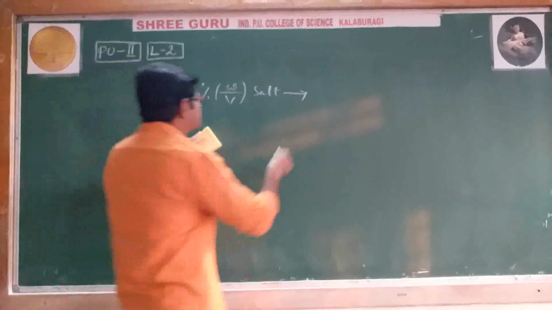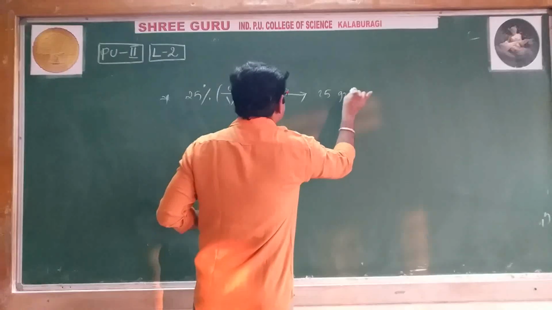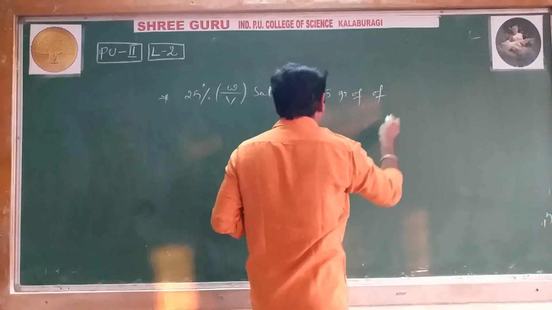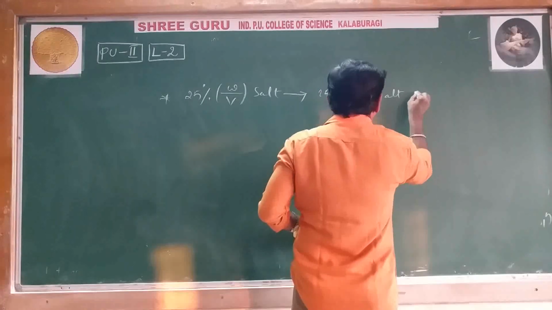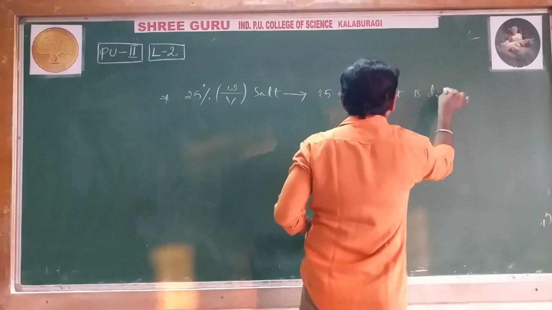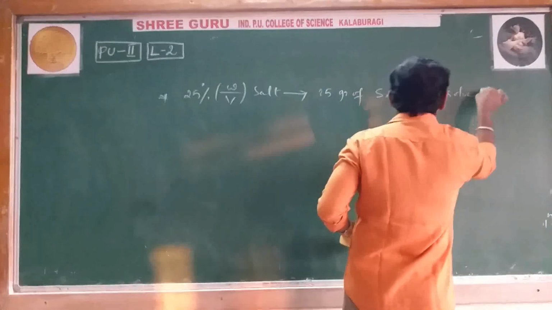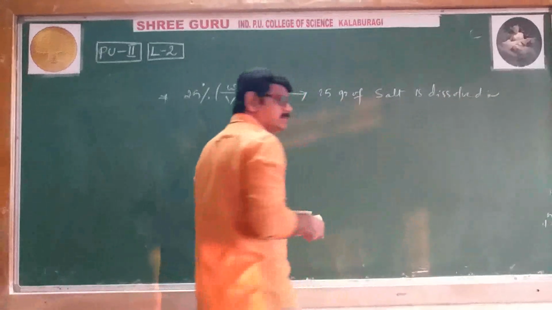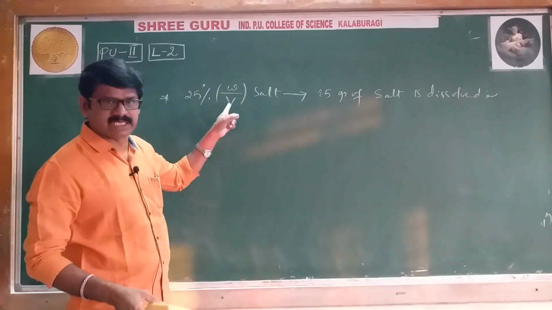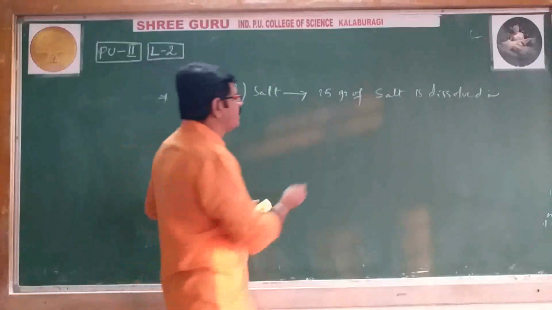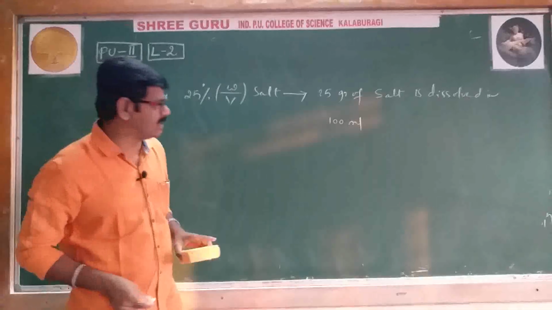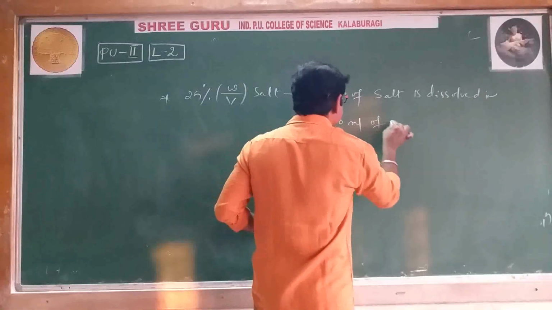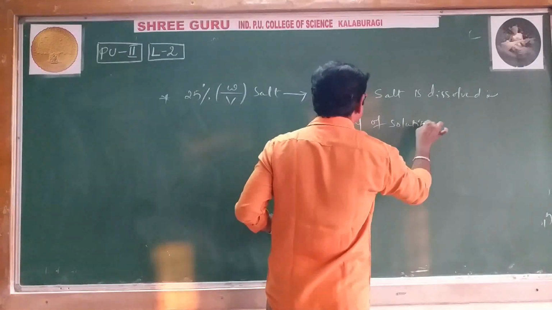Therefore, its meaning is 25 grams of salt, nothing but solute, is dissolved in, because it is mass by volume, we have to take volume only, 100 ml of solution.